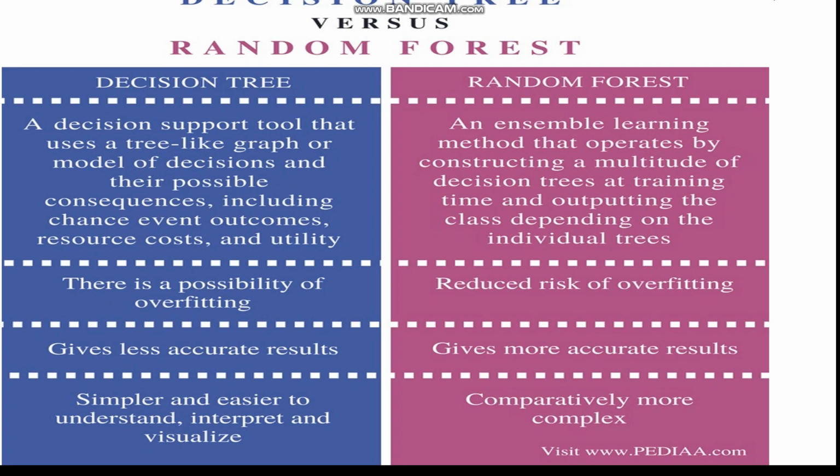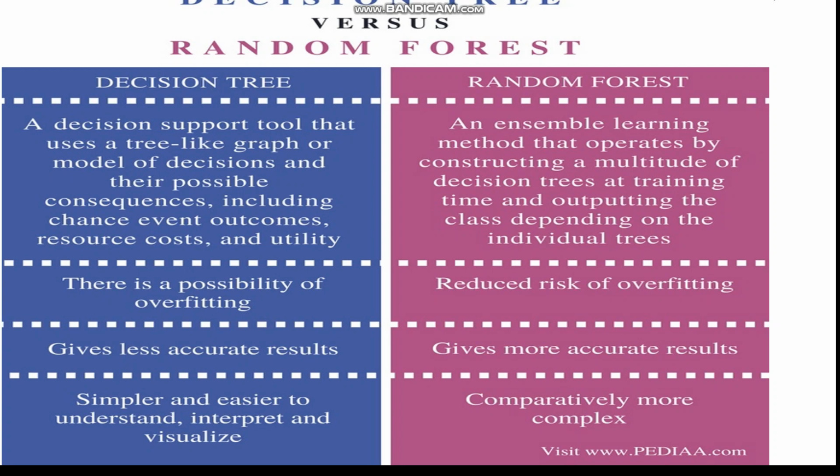So we know when to use the random forest. Random forest takes less time as compared to other algorithms, and predicts the output with high accuracy even if we have large data sets. It runs efficiently, and it can also maintain the accuracy when a large portion of data is missing.